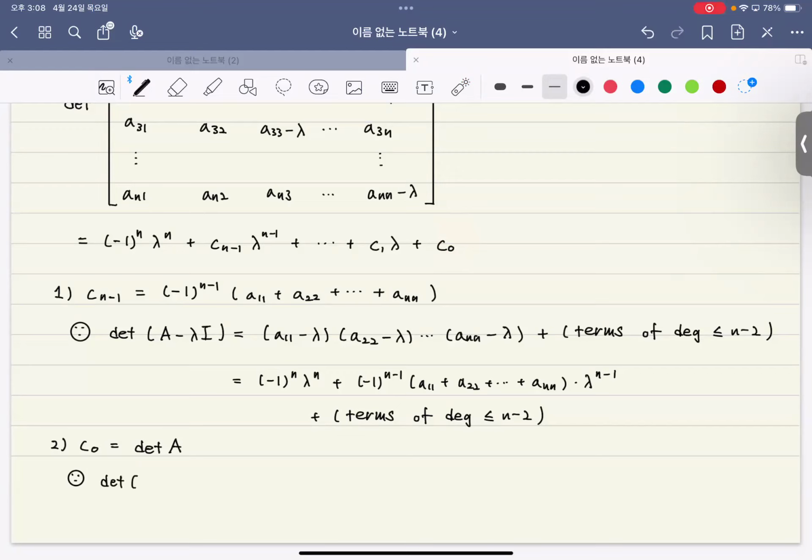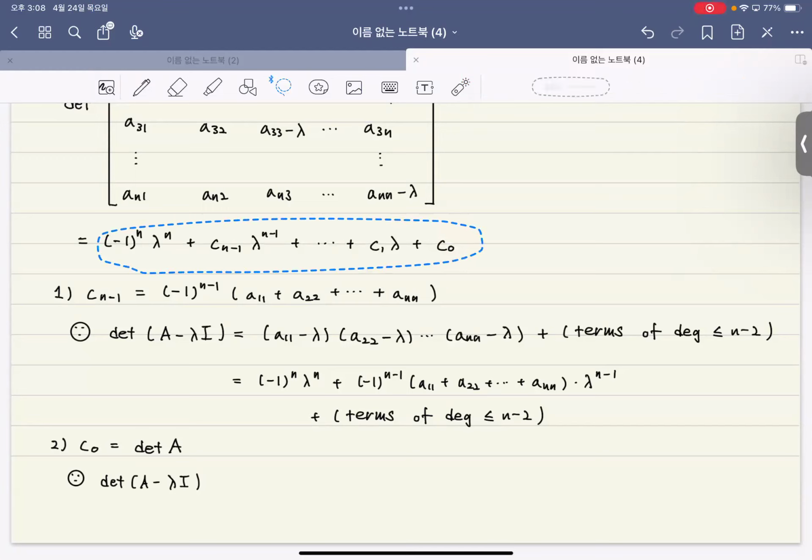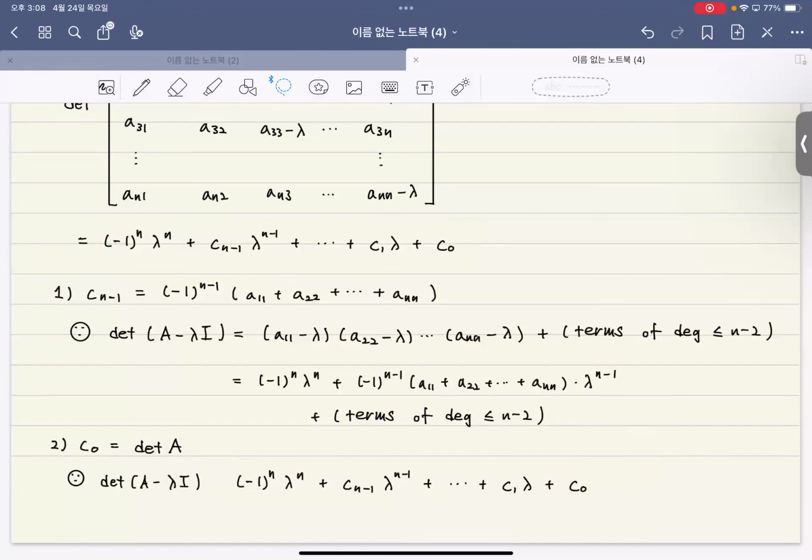The determinant of A minus lambda I is this. Why don't we just plug in lambda equals 0? Then the determinant of A should be the constant C0.